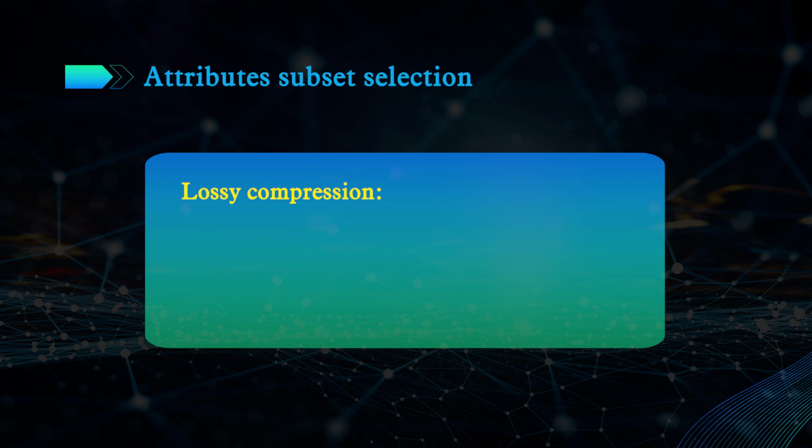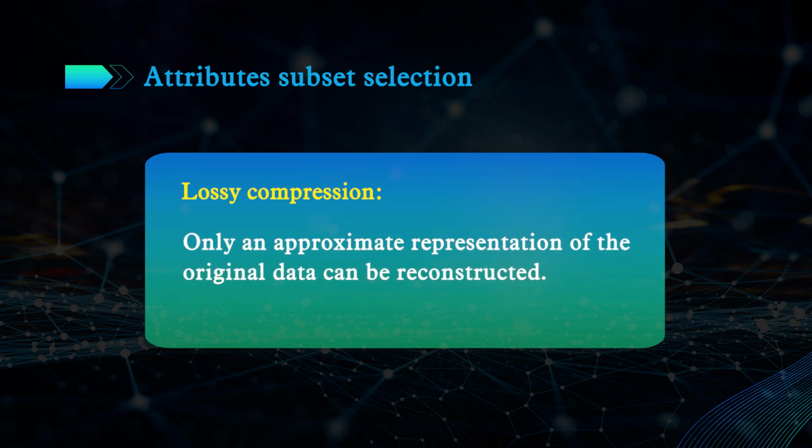Lossy compression means only an approximate representation of the original data can be reconstructed, for example, audio-video compression. Sometimes it is possible to reconstruct a fragment without decompressing the overall data.